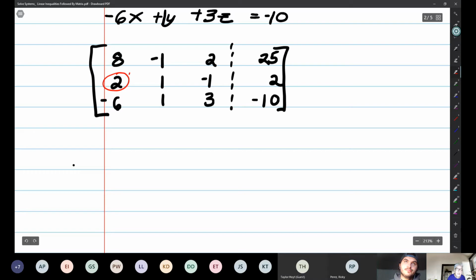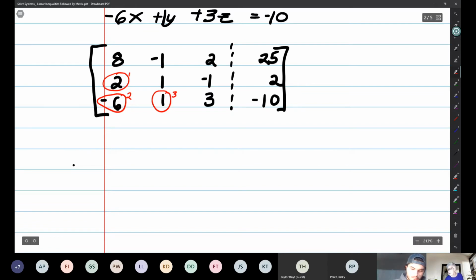So our first goal is to turn this position into a 0. Our second goal is to turn this position into a 0. And our third goal is to turn this position into a 0. Okay, and you'll see how that's done.